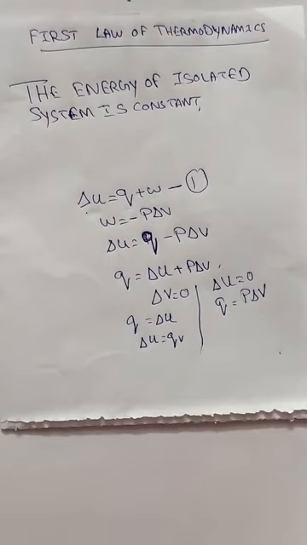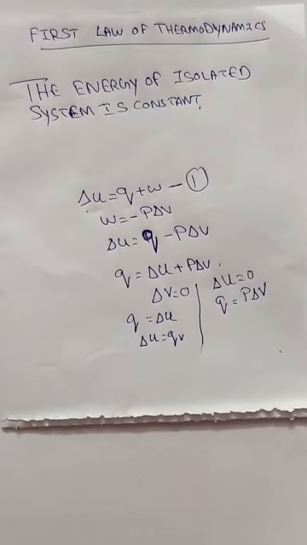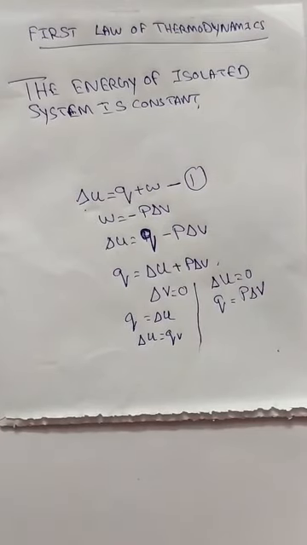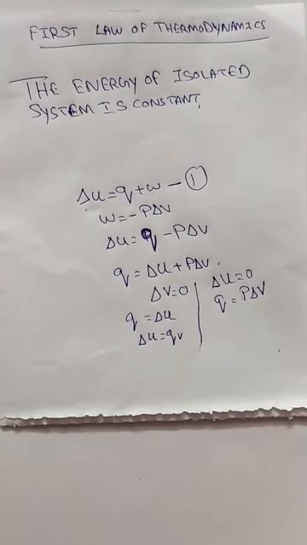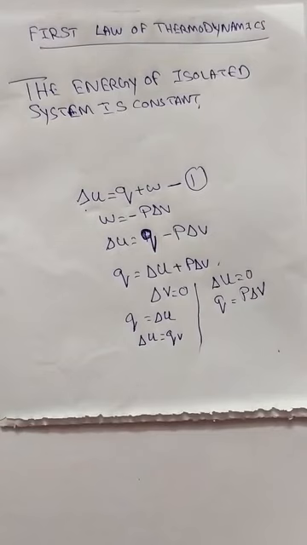So, the first law of thermodynamics, again I am repeating: the energy of an isolated system is a constant. In other forms, energy can be neither created nor destroyed; it can be transferred from one form to another. Energy of the universe is a constant.